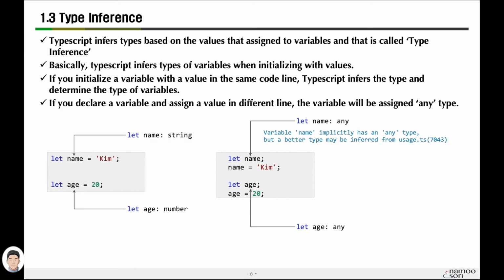Any type means a variable that can hold any type of value. In other words, this variable becomes data that can hold any data type like JavaScript. There's also a way to specify any type directly. Just put any with a colon after the name of the variable. This any type variable will not be subject to type checking at the time of compilation.